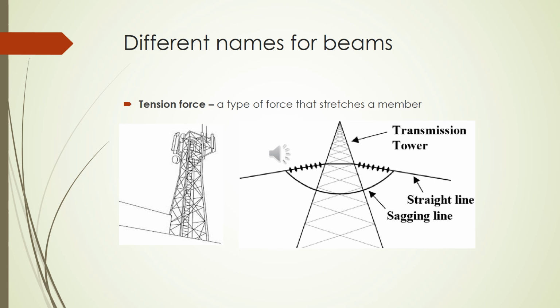The tension force derives from pulling in different directions, and that causes the tension. I've also put the transmission tower because it shows a clear example of that force that pulls in different directions to make our tower stable and strong.